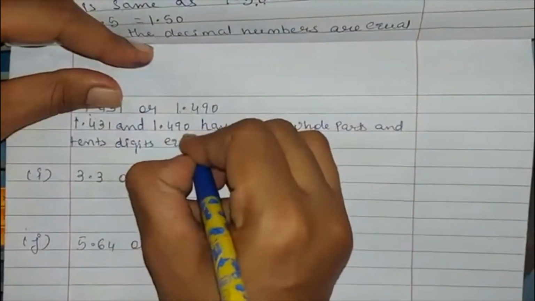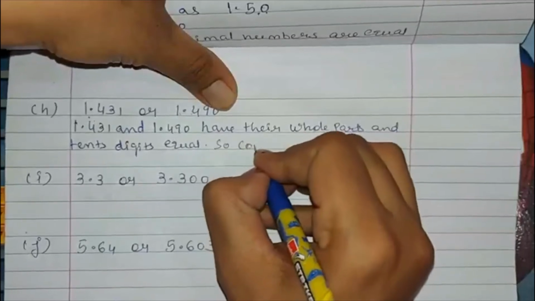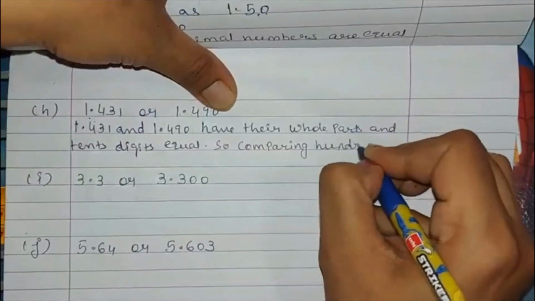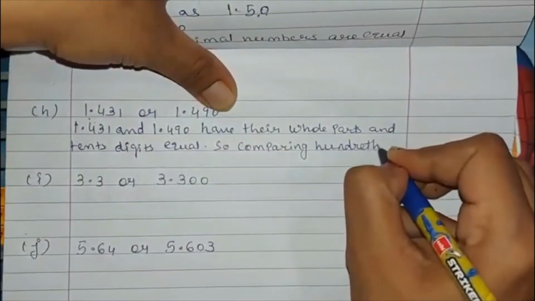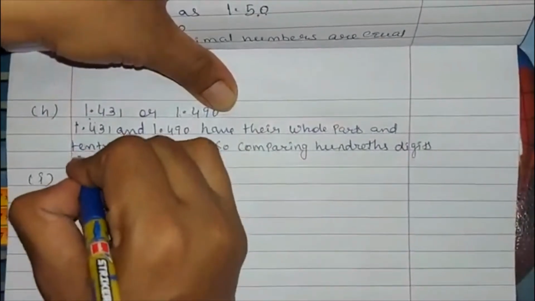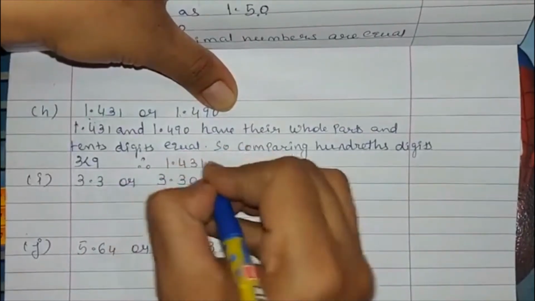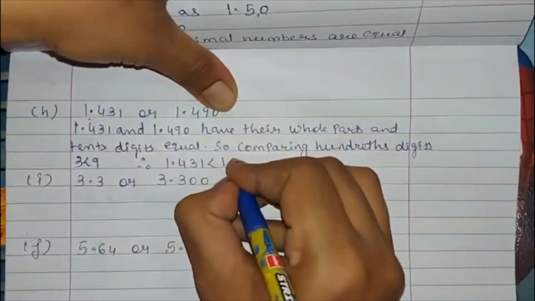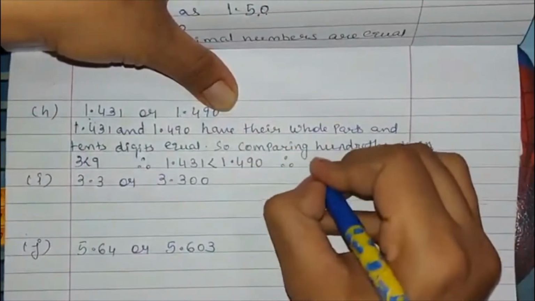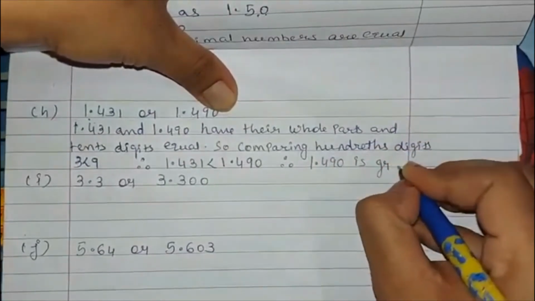So comparing which digits? Hundreds digits. So hundreds digits, which number is that? 3. 3 is less than 9. Therefore 1.431 is less than 1.490. Therefore, which value is greater? 1.490 is greater.